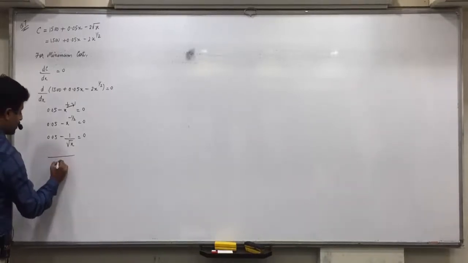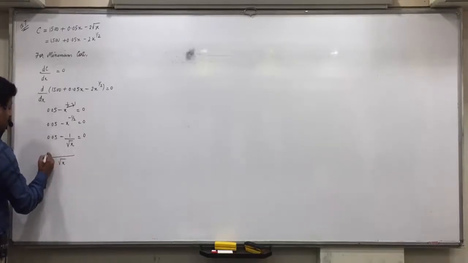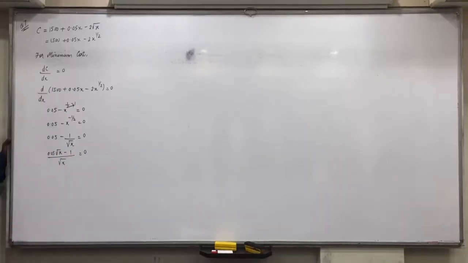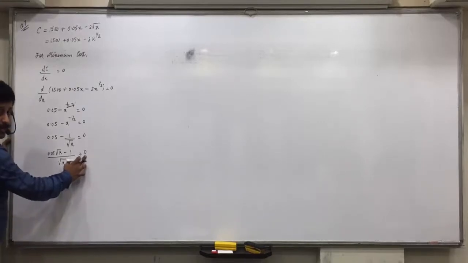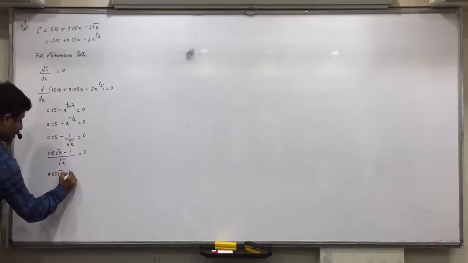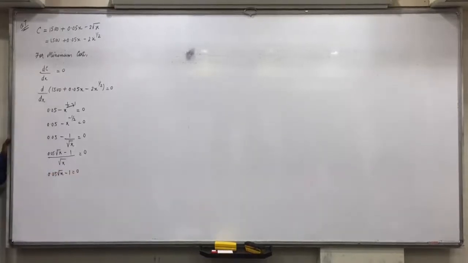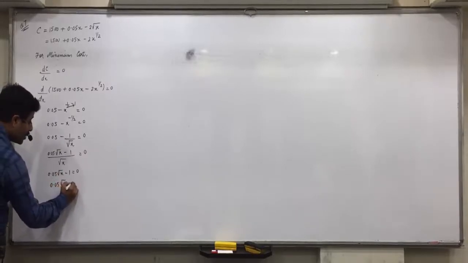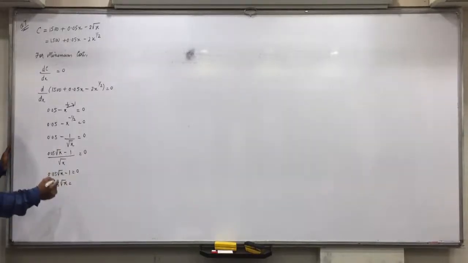Now, if you find the LCM, it is 0.05 root x minus 1 equals to 0. Any confusion up till here? Root x into 0 is 0. So 0.05 root x minus 1 equals to 0. Minus 1 on the right side will become plus.